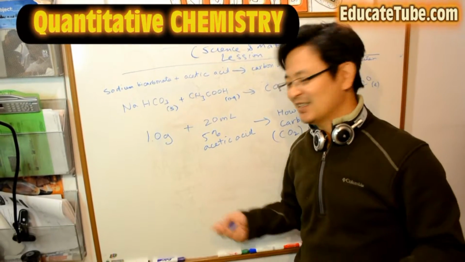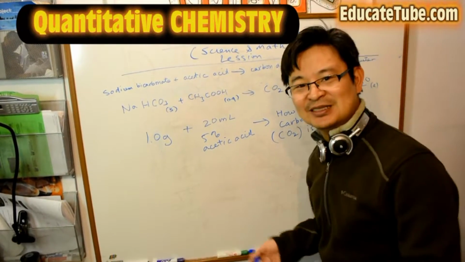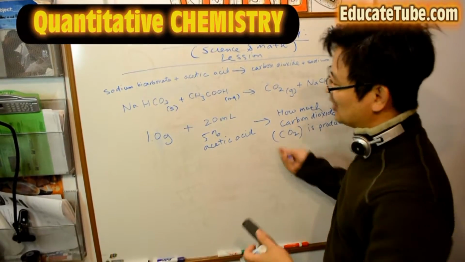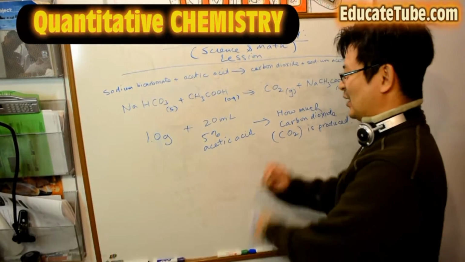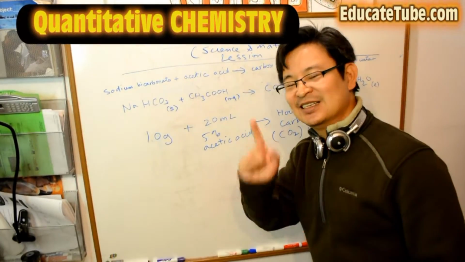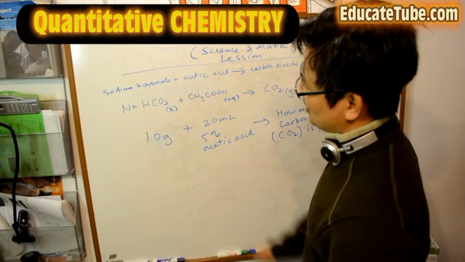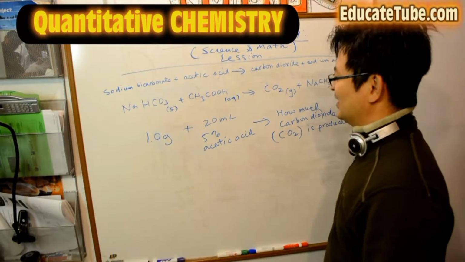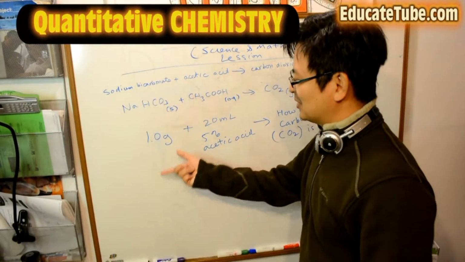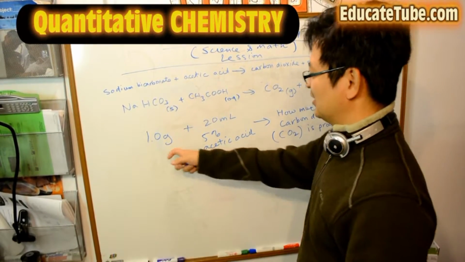Okay, hopefully you got something written down. You may not get the right answer, but hopefully you did. So let's attack this question. You might want to take out your periodic table, look up the molar mass for sodium bicarbonate, and then we're going to figure out how many moles is 1 gram.